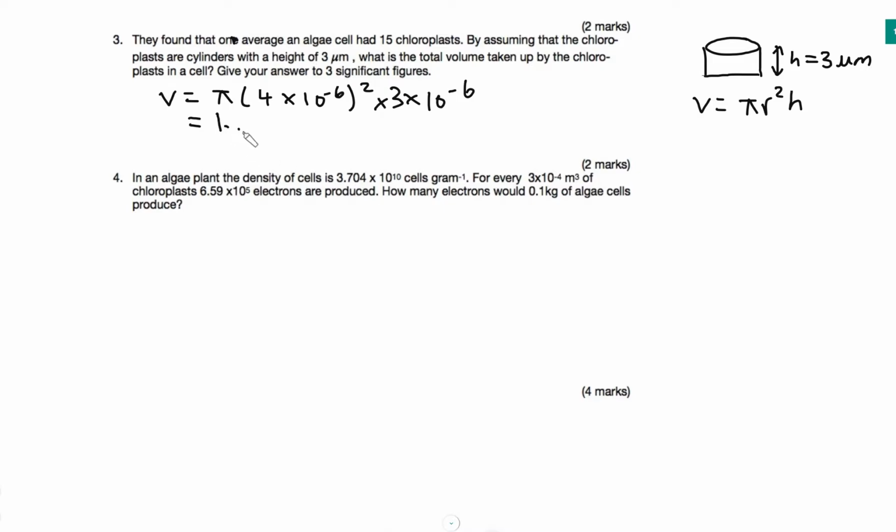So this equals 1.508 times 10 to the minus 16 meters cubed.